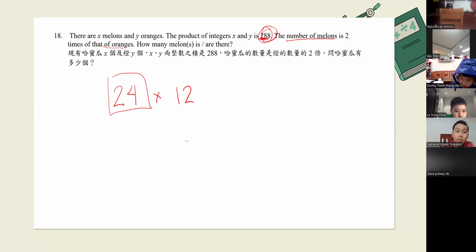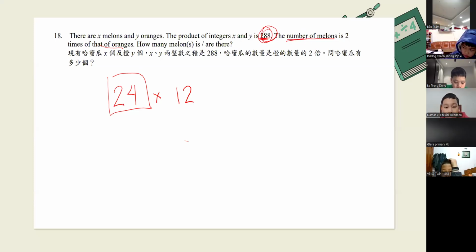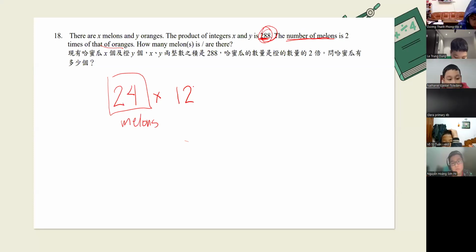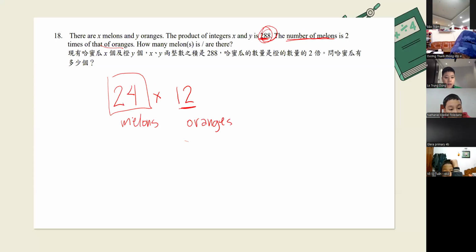We already satisfied the condition where the number of melons, 24, is 2 times that of oranges, 12. Our melons is 2 times 12, so that's 24. Now we satisfy this statement.